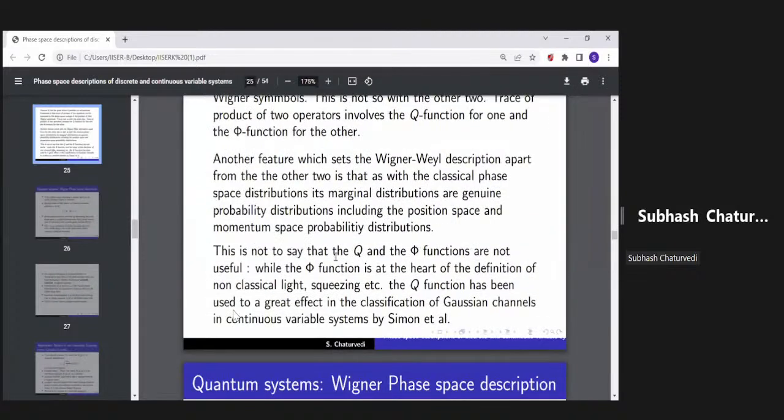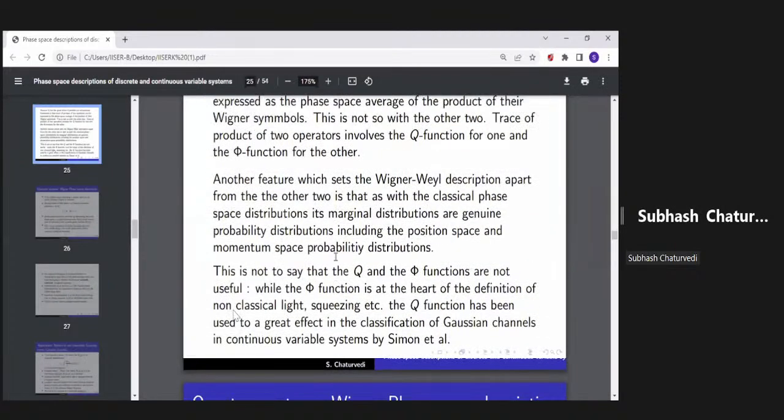And that states, there's some mix up in my slides, that the trace of a product of two operators is the phase space average of their corresponding phase space functions.